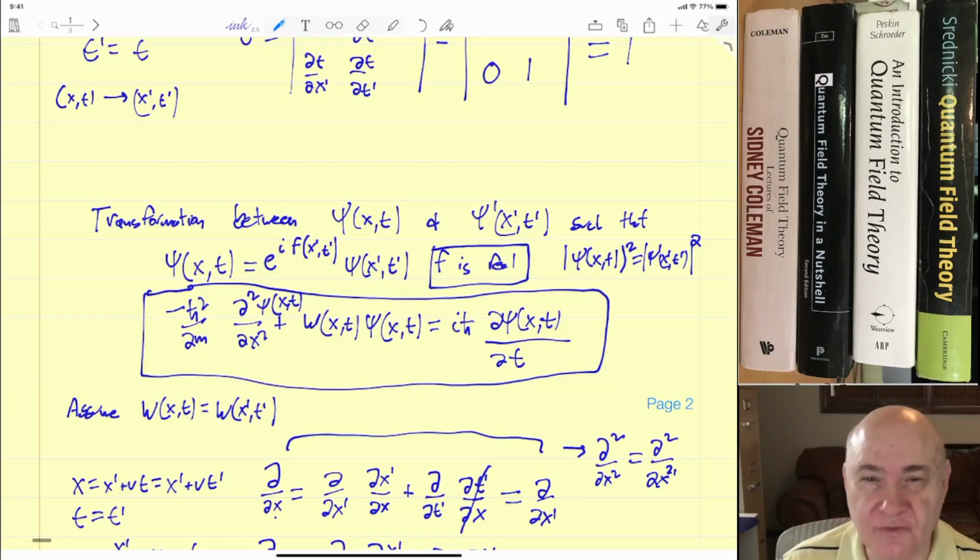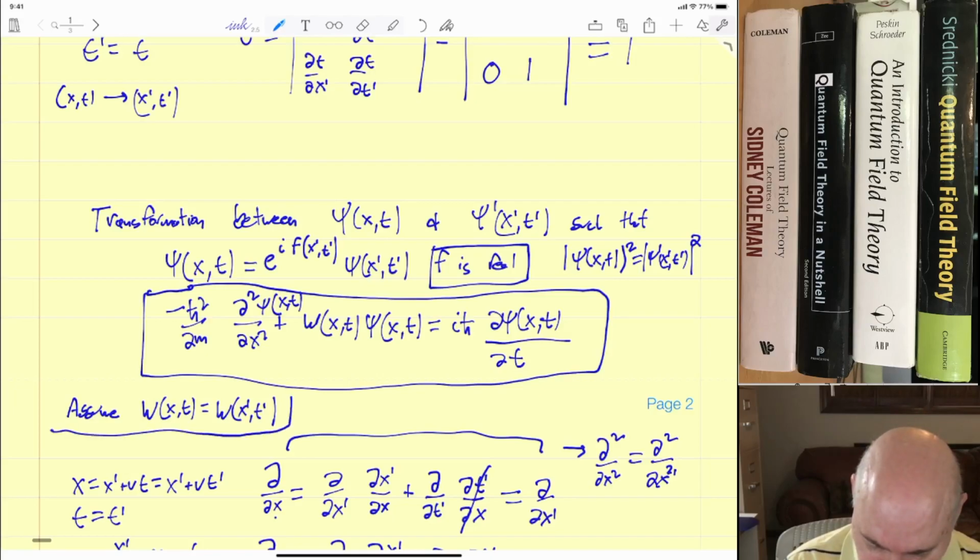I don't want to get into the complete justification for this. It can be justified. We could also simply work with free particles and get that, and then say adding a potential that's invariant will not change the invariance or covariance of the Schrodinger equation under a Galilean transformation. But for now, this is just an assumption, and it can be justified.